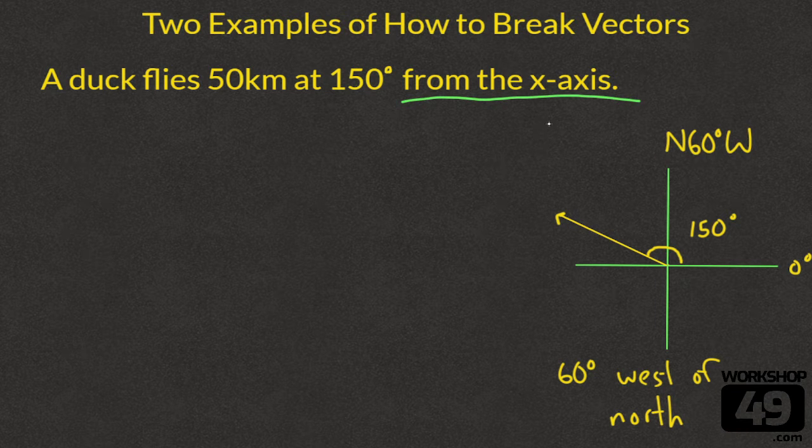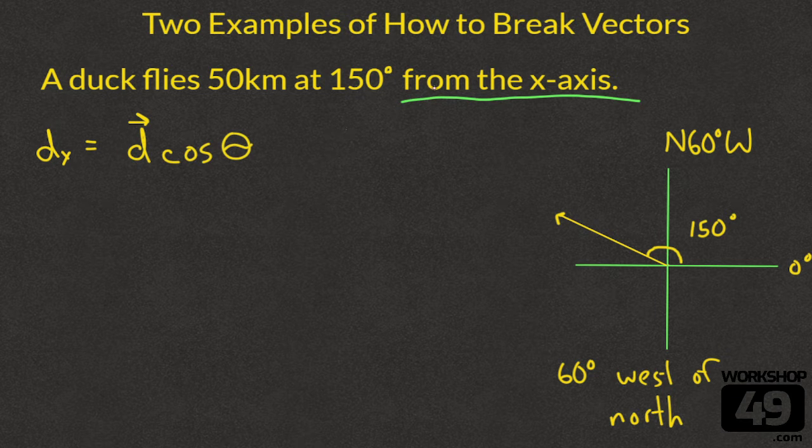From the x-axis. That is always our goal when we're breaking vectors, to get it into some angle from the x-axis. I'm going to show you why. When we have it in an angle from the x-axis, we can have two equations. The first is that the x component of our vector is going to equal the magnitude of our vector, in this case the 50, multiplied by cos of theta.